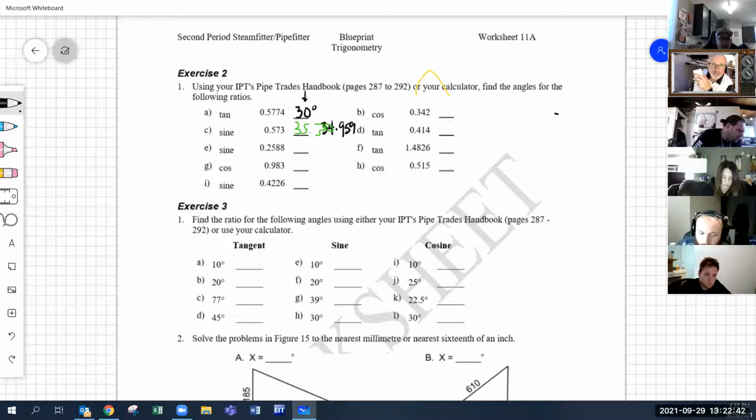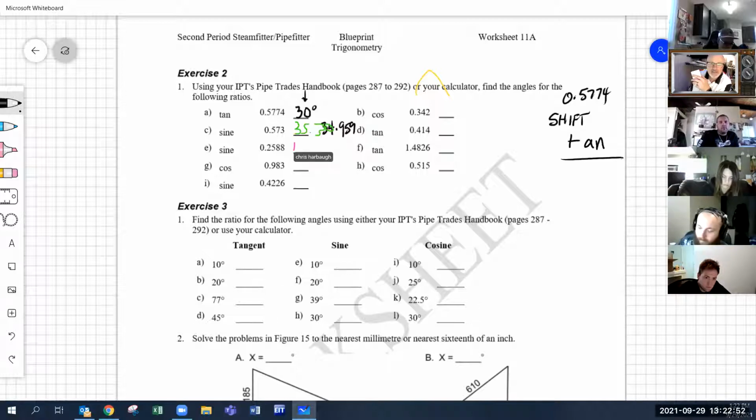Remember, you have to go shift. Type in the number 0.5774, shift tan. Okay, that's how to do it.